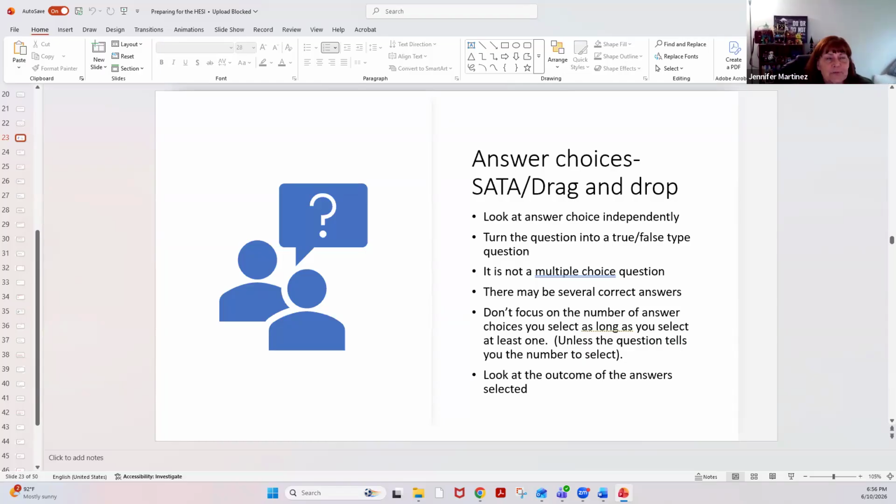Big thing with these too, and I'll tell you, I struggled with this, and I remember these questions when I was in school, and I struggled with them a lot. Don't focus on how many answers you choose, okay? You need to select at least one, unless the question tells you the number to select. So you may see questions that say select 3, select 2, select 4. In those cases, you want to make sure that you select the correct number, right?